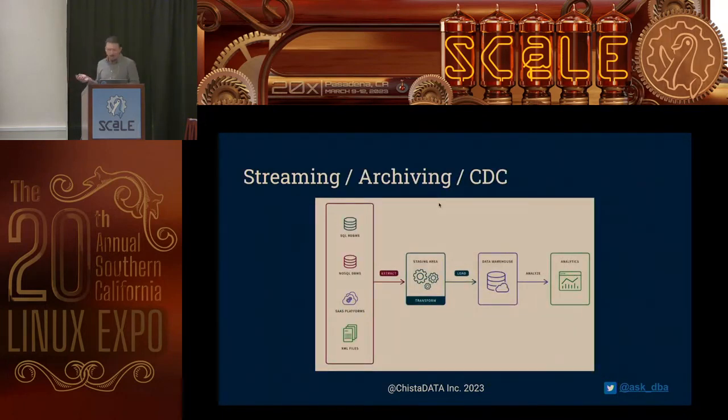So we go back to our streaming, archiving, and CDC. Let's talk about that a little bit here. We have the source, and then we stage that information, and then we process that and write it to our destination. Our staging area, in this case, is where we keep all the changed data coming from Debezium to Kafka.